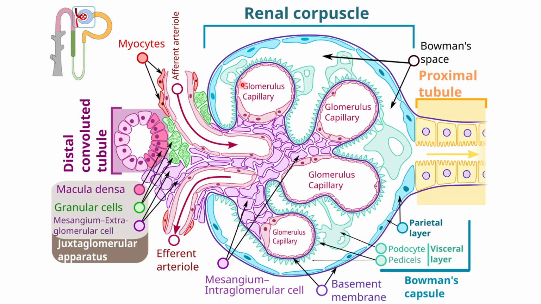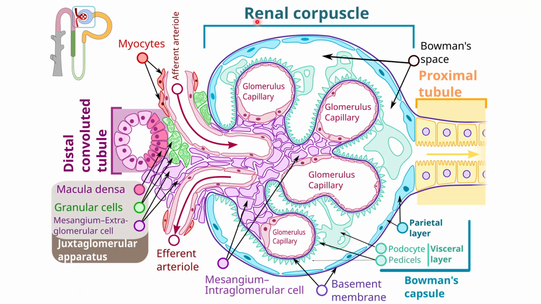So what you can see here is a renal corpuscle, and next to it you have this juxtaglomerular apparatus. I can just explain it in some varying details.